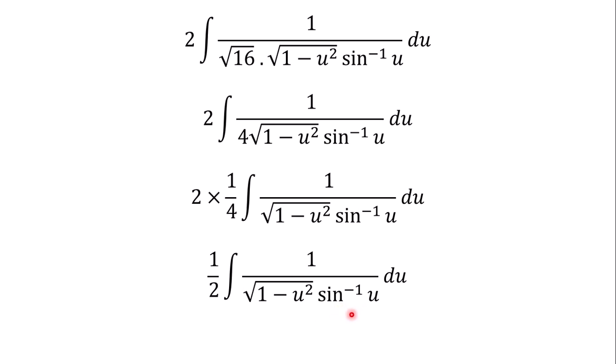Let's look at this one. Let's assume this one is not there. When we look at 1 over square root of 1 minus u squared, and we are to integrate this one alone without this one here, it's actually going to give us sine inverse of u.